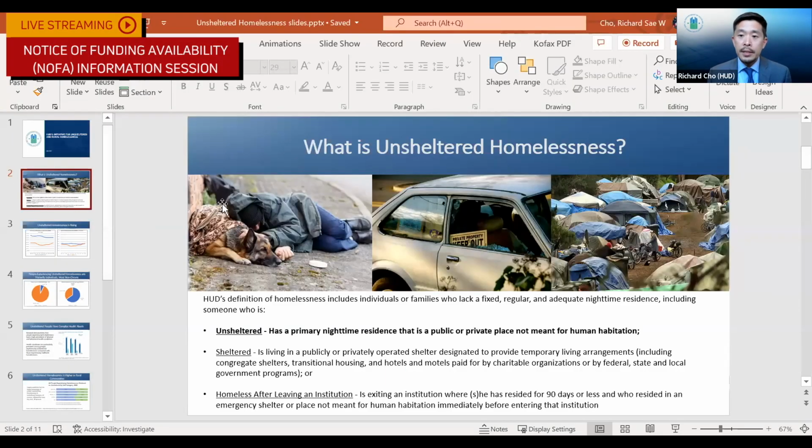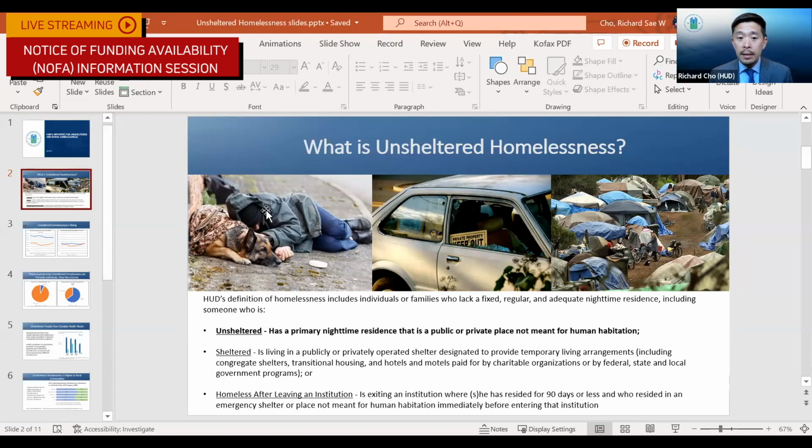So, just to level set, HUD defines homelessness in terms of a first category as really three different subgroups. The first are people who are unsheltered. That means they have a primary nighttime residence that's a public place or a private place that's not meant for human habitation.